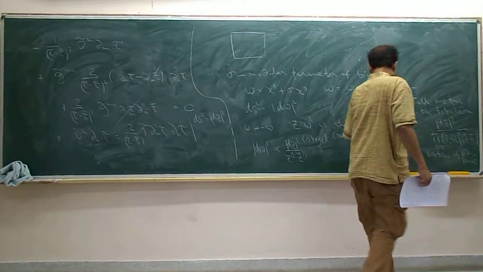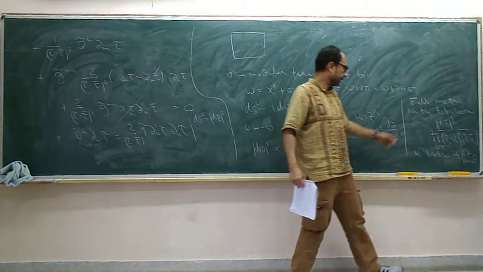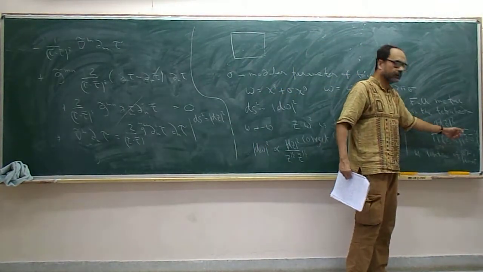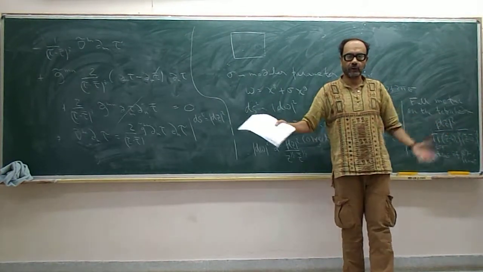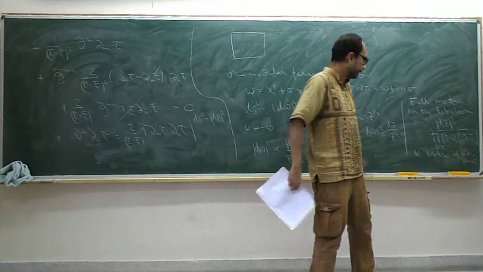So this example that I considered was when say one of the w_i is 0, that's why mod dz square over z to the half, z bar to the half. But if you want to know the full metric on the full orientifold, on the full tetrahedron, it is this one.